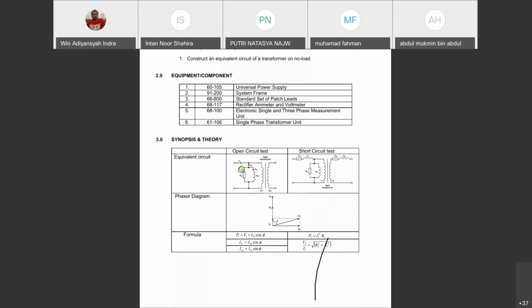This is IM, the magnetized current. This is IO.